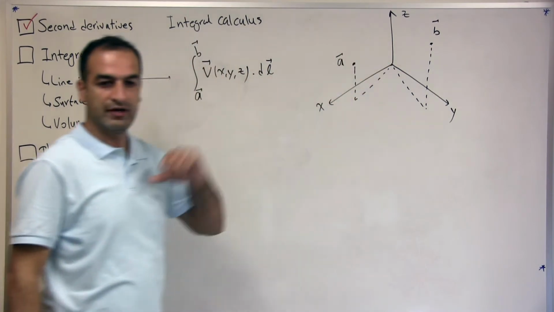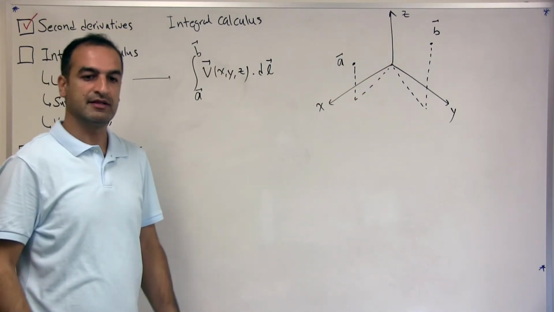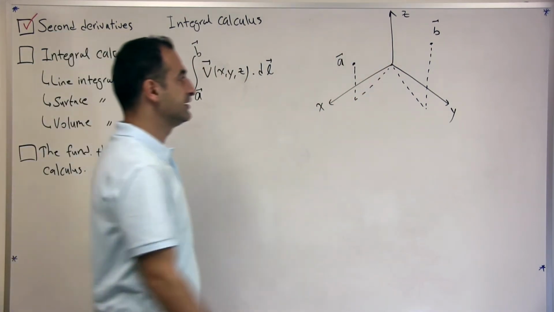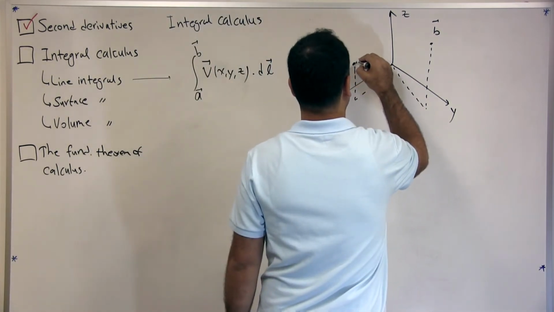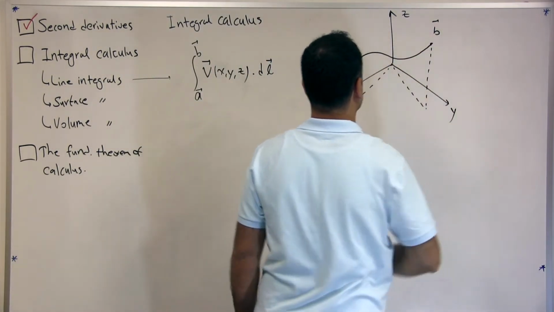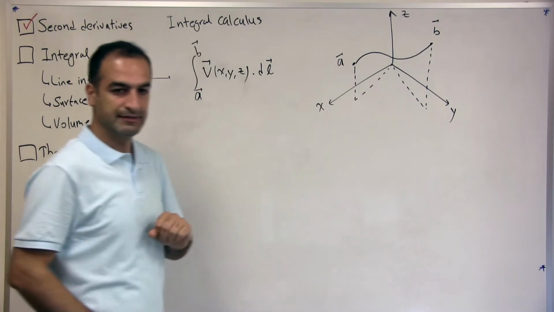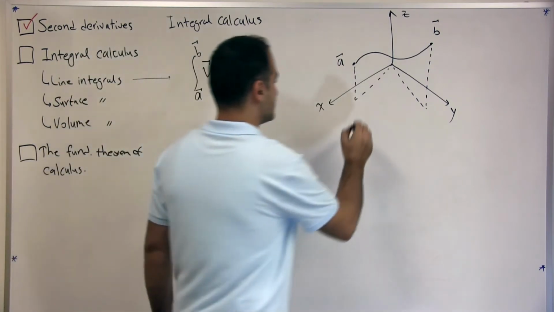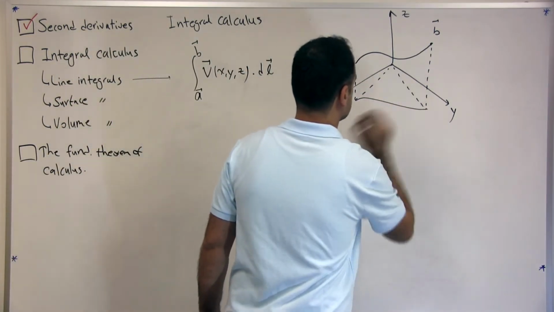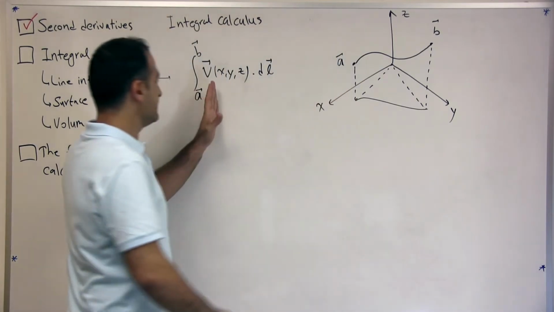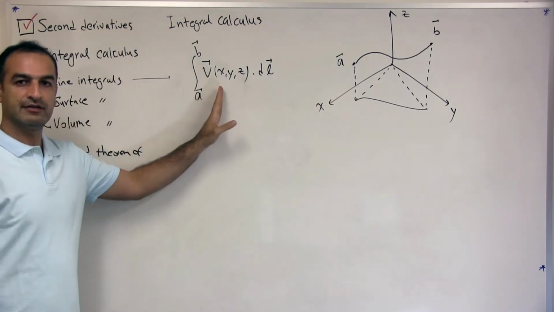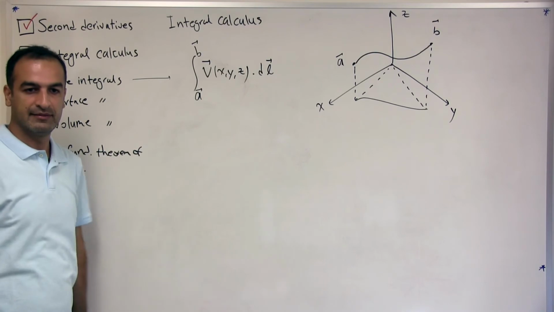We want to go from A to B, and it's important what path we are taking. For now, let's imagine we take a random path from A to B, and let's imagine the projection of that path on this surface is something like this. We can integrate a vector function over this path.